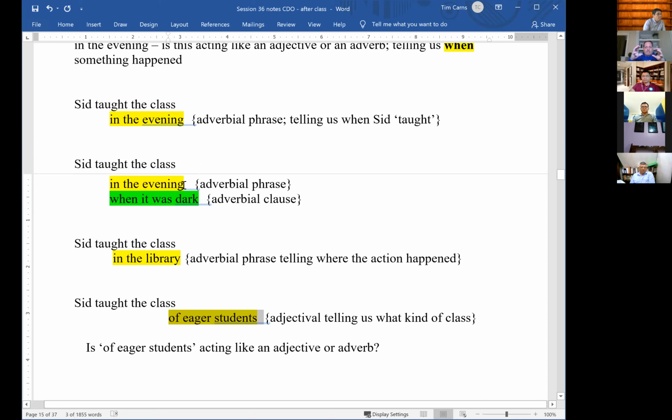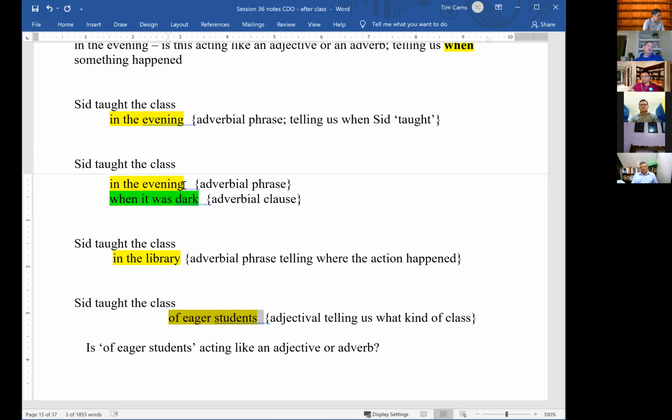Then once we have the phrases and clauses identified, the next step is asking ourselves, okay, what's this phrase or clause doing? Is it acting like an adjective or is it acting like an adverb? And that directs us then to what word it modifies. If it's acting like an adjective, it's modifying a noun.